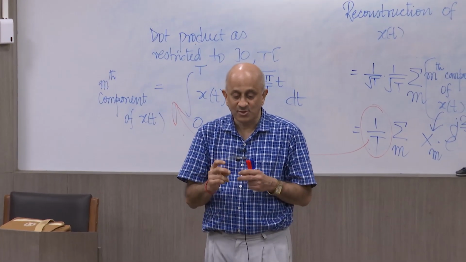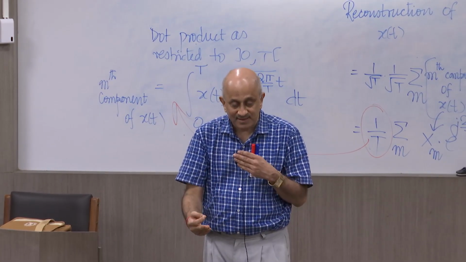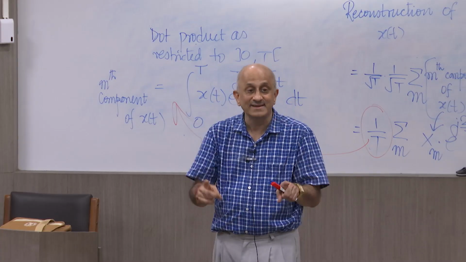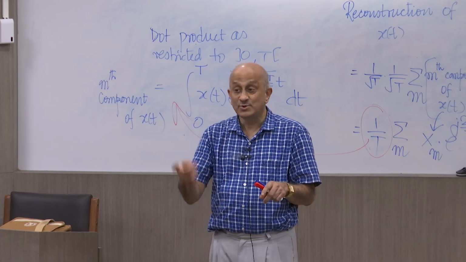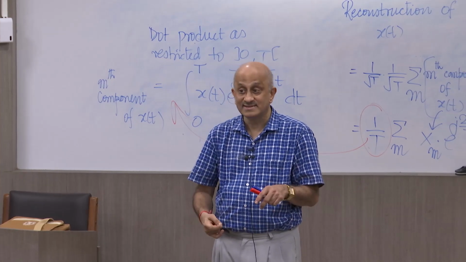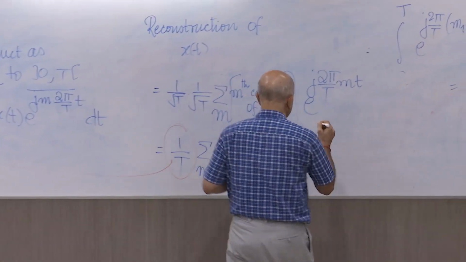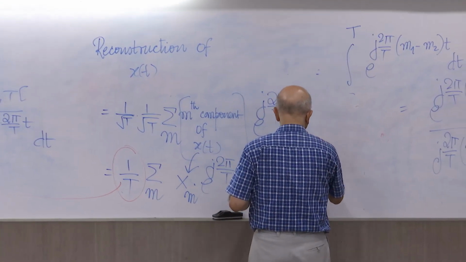Anyway, this tells you how you could decompose a signal which is to be seen only on a limited interval into its Fourier components. In fact, what we are writing here is called a Fourier series.